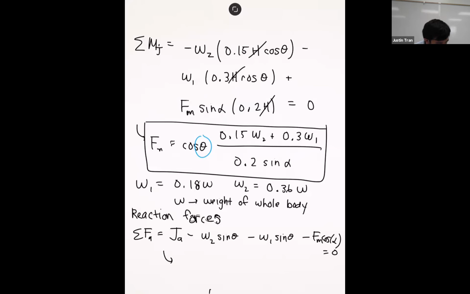If we plug in for all of our variables, assuming that we have the expression above for Fm, we get JA is equal to (W1 plus W2) times sine theta plus Fm cosine alpha.